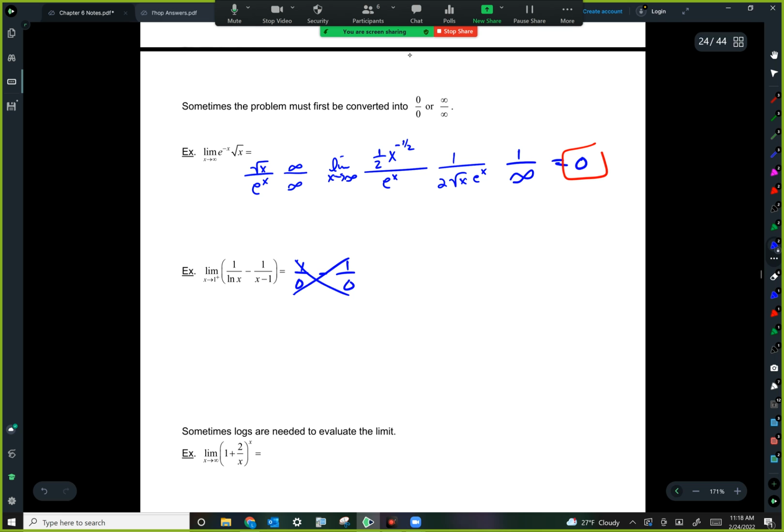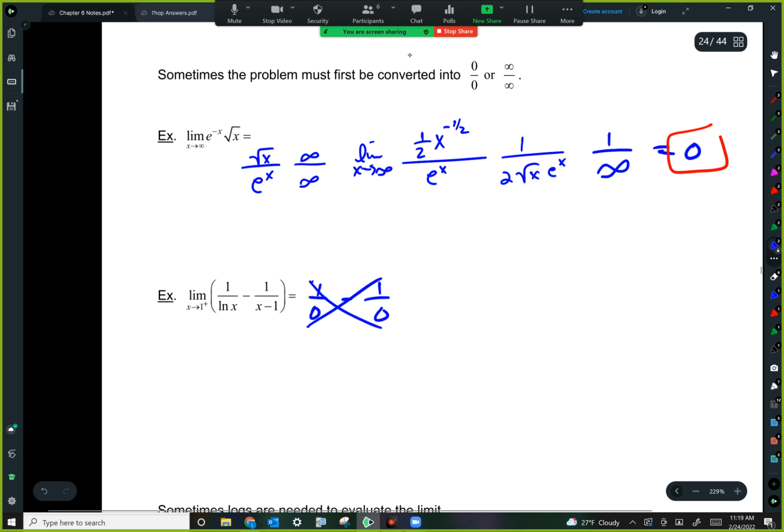So why don't I combine these into one fraction so that I can see if it's indeterminate form? Get a common denominator. I think I've mentioned this before, but I'll say it again. I think the easiest way to add fractions is to consider the denominator to be just the multiple of the two denominators. So it's natural log of x times x minus 1.